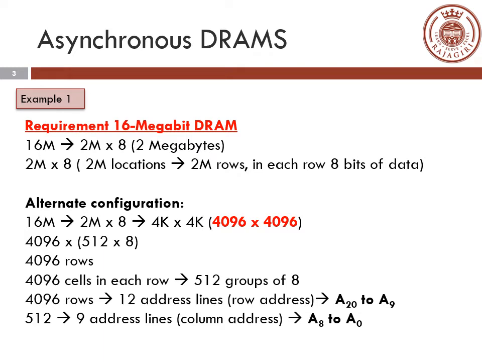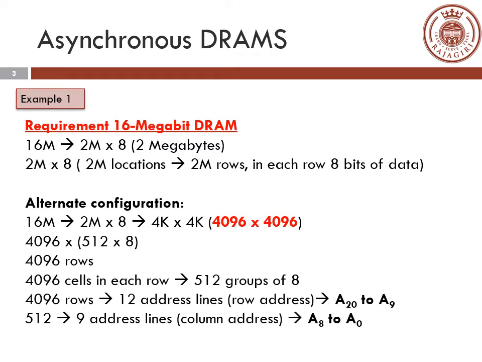If you construct the DRAM in the same way, you are going to have 2 mega rows, and in each row you are having 8 bits of data, and that will be physically a very narrow memory that is not easy to construct.